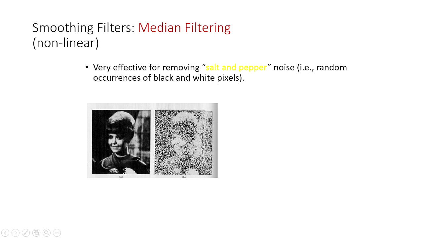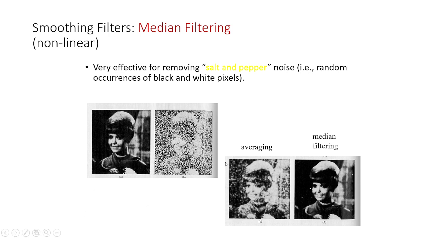That is, the entire image occurrences would be black and white pixels. This is how some image pixels are removed and changed into black and white. So this is known as salt and pepper noise removal.